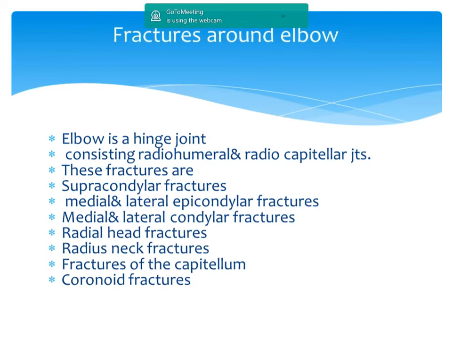So this one must be read, you people. This is today's revision class, especially clavicle fractures, proximal humerus fractures and shaft humerus fractures. In the next revision class, we will go for fractures of the elbow and fractures around the elbow. That is also one important topic.